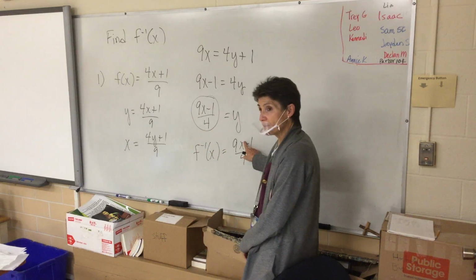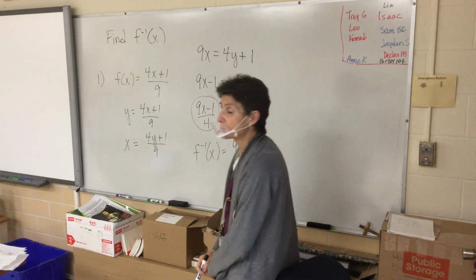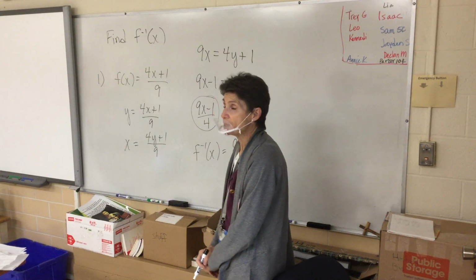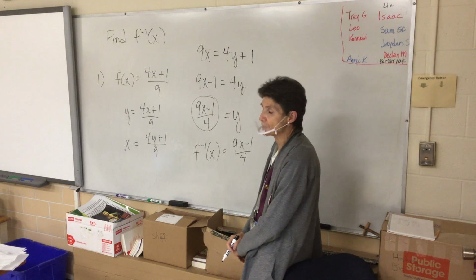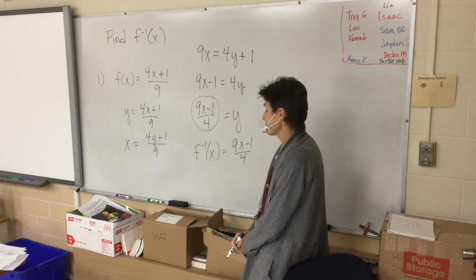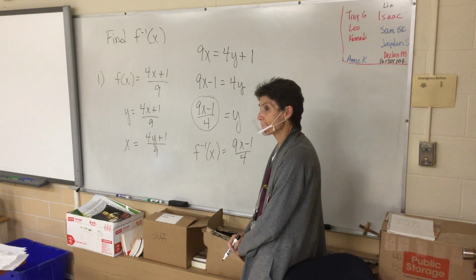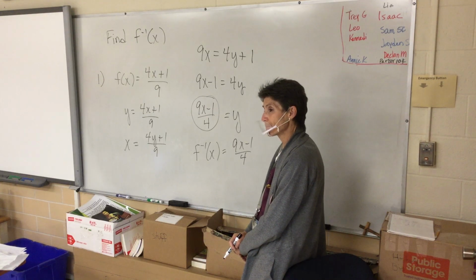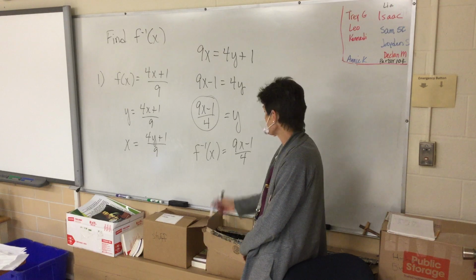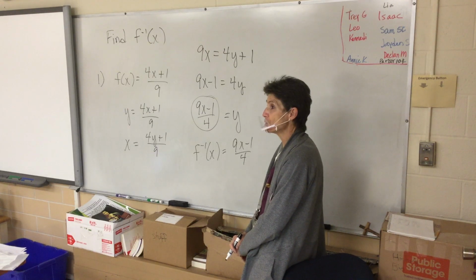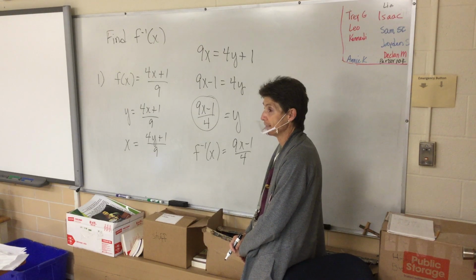There's no squared there? If there was a square, would we do it? You could, and it wouldn't be wrong, but there's no reason to do that. Let's not make it harder than it is. Done, right? As soon as you get y by itself, you're done.